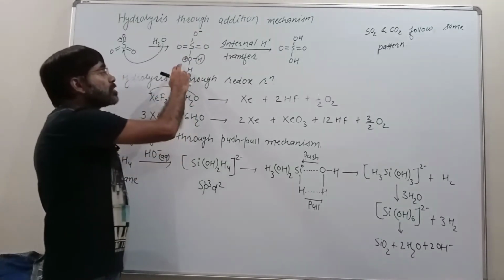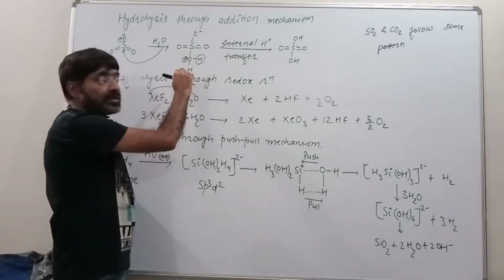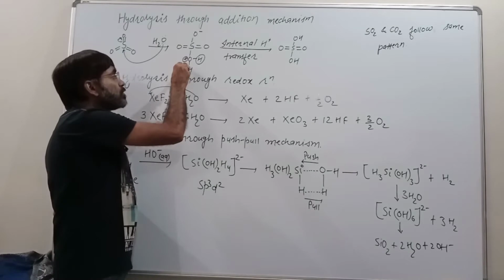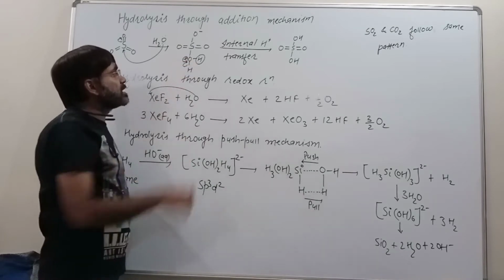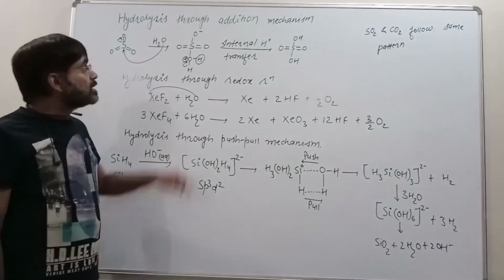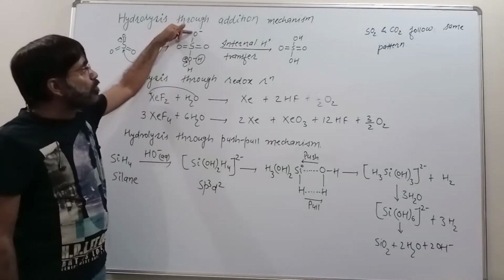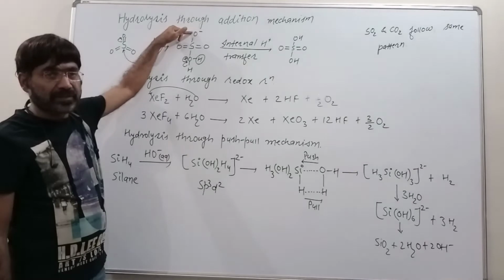Now this oxygen wants to neutralize itself, and the way of neutralization is that it withdraws electrons from H and releases this H in the form of H positive. This H positive is transferred within the molecule over this O negative.